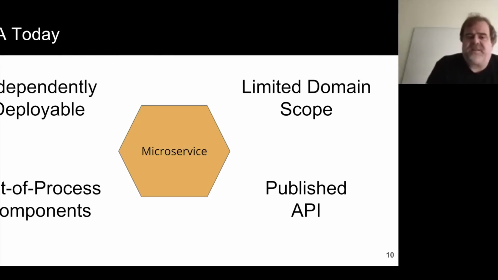We write containers that are limited in scope. Or even if it's not containerized, you basically break up your applications into small constituent components. You publish those APIs, something we do quite regularly already. Things are independently deployable, and there are components that can exist outside of the process itself.